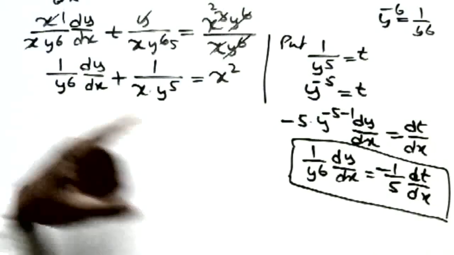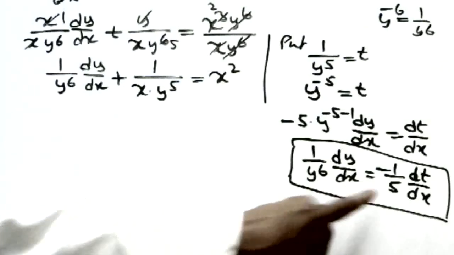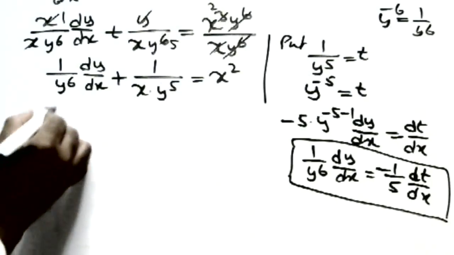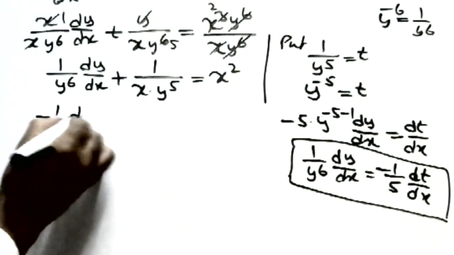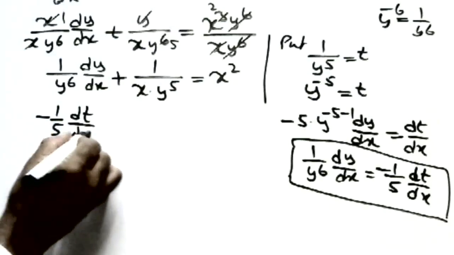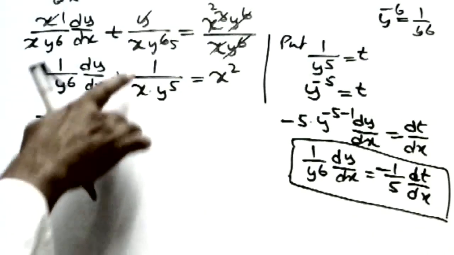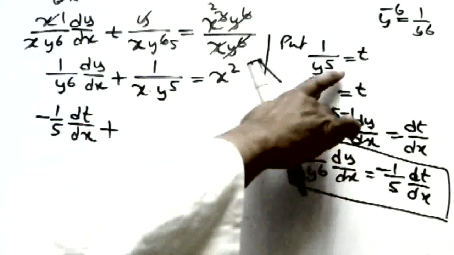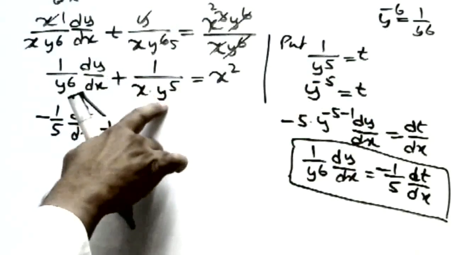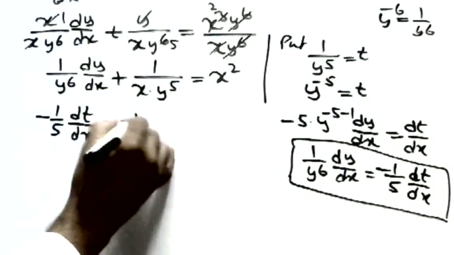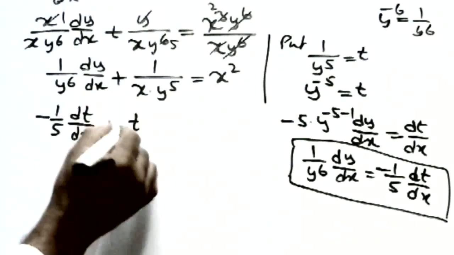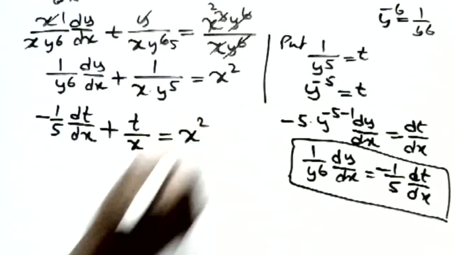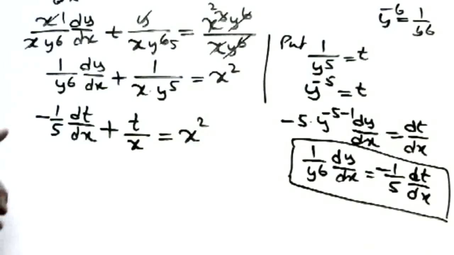Plus, now just see here, 1 by y power 5 we have taken as t. Now in the denominator we are left with x, so t by x equals x square.